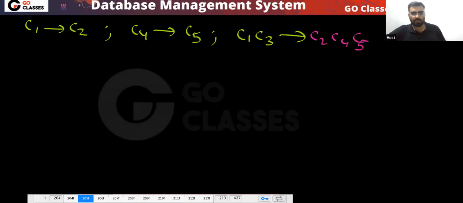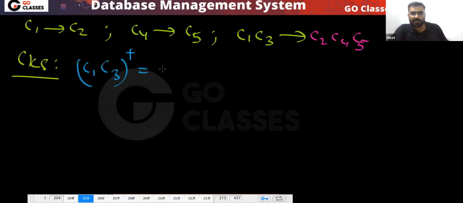Let's find out what the candidate keys are. You can notice C1 is not on RHS, and C3 is also not on RHS. So let's check C1, C3.